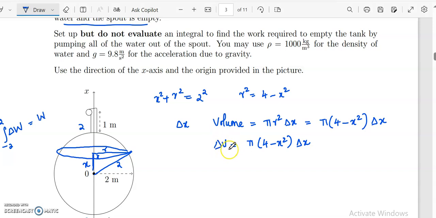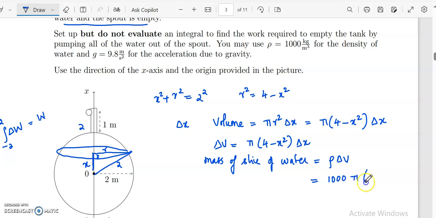So therefore the mass of this slice will be equal to 1000 times delta V. So the mass of the slice of water will be equal to rho into delta V. So that will be equal to 1000 pi 4 minus x square delta x. And now we know that force will be equal to mass into gravity. Force will be equal to mg.